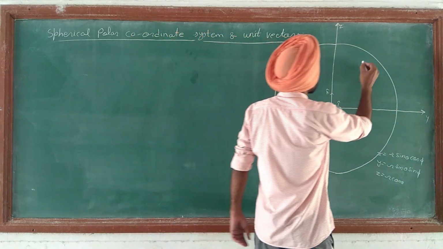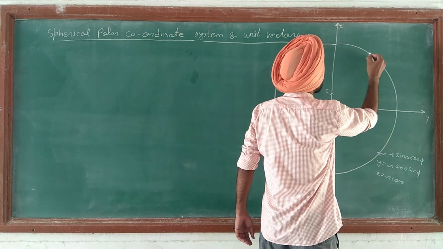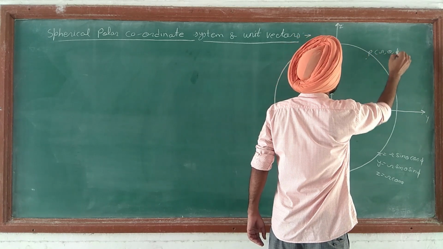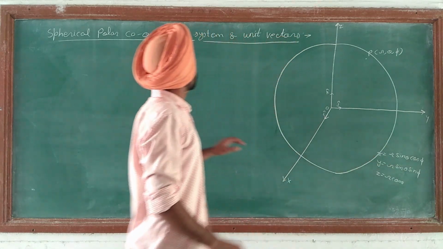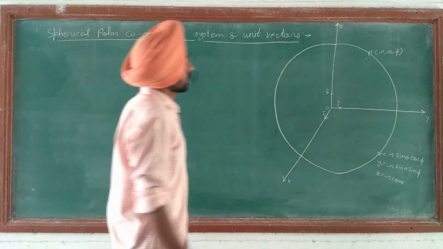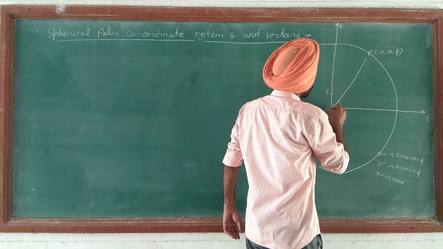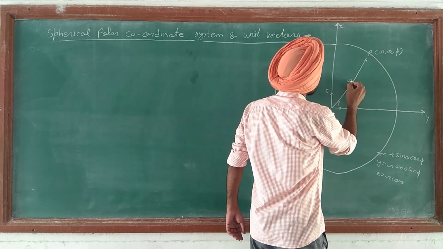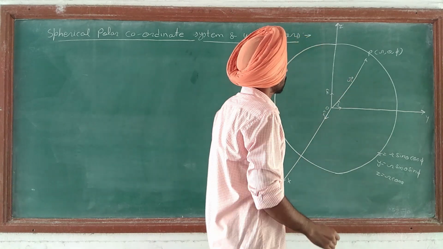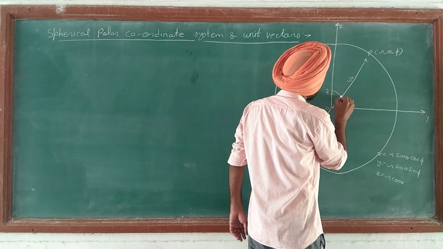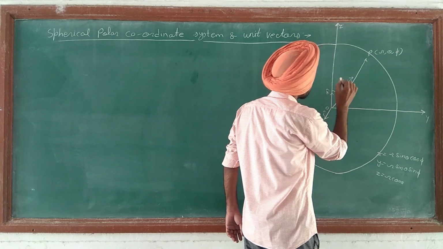As in our previous lecture, we have assumed that the particle is at point P and r, theta, phi are the position coordinates of the point P in spherical polar coordinate system. Then OP is called radial vector r, which makes an angle theta with the z-axis.